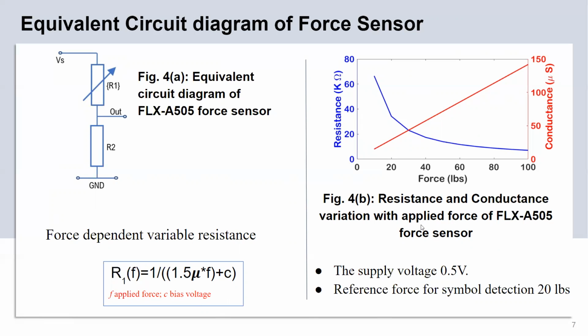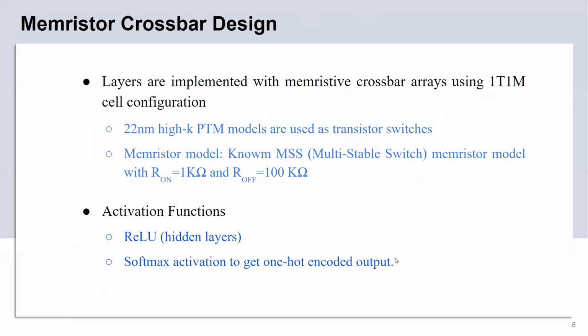Figure 4b shows the resistance and conductance variation with applied force of the FLX A505 force sensor. It shows that as the applied force increases, resistance reduces, conductance increases, and hence the output voltage also increases. The supply voltage is 0.5 volt, and the reference force for symbol detection is 20 lbs.